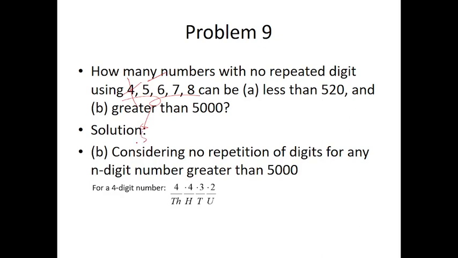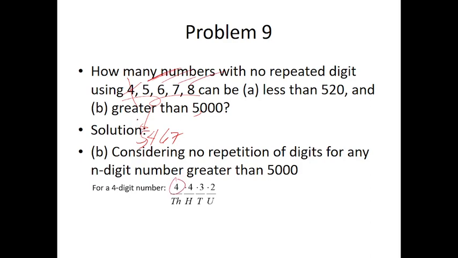Pag nagumpisa ng 5, pinakamababa dyan 5,467. Greater than 5,000 yan. So therefore, automatic 5 is considered. Of course, 6 will also be considered, 7 and 8. So we have 4 options.